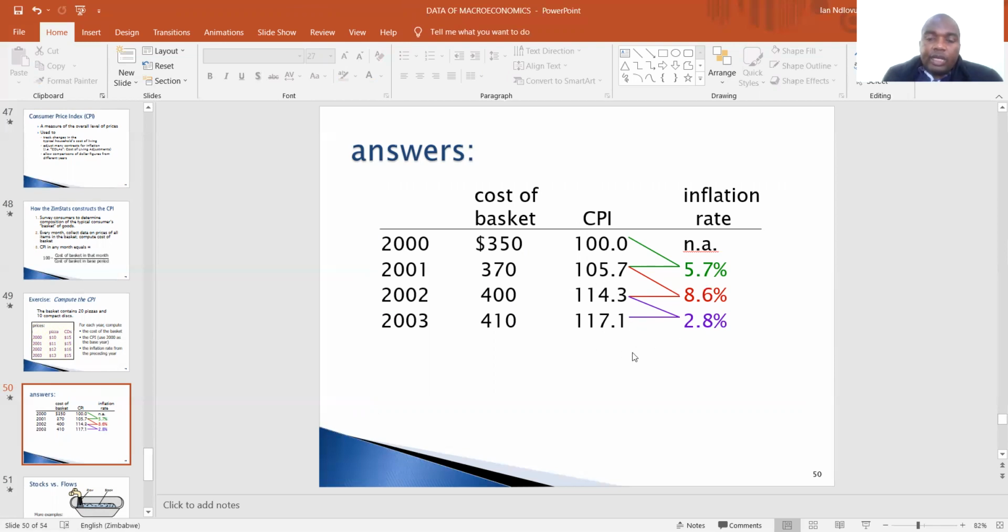If you look at these CPIs, the base is 2000, where the consumer price index is actually 100. Yeah, so those are the figures.